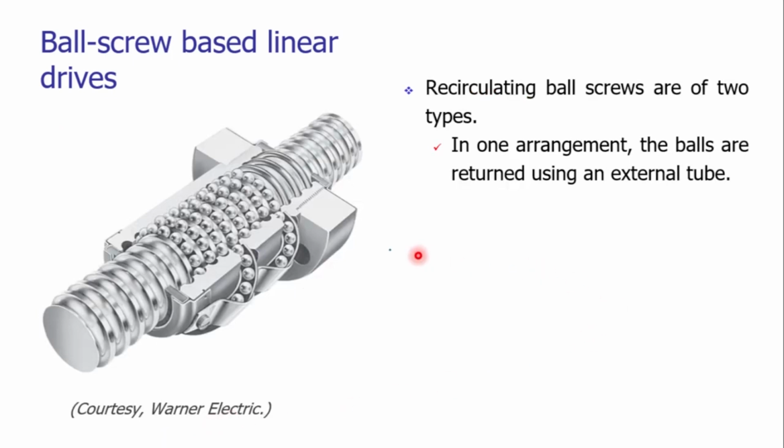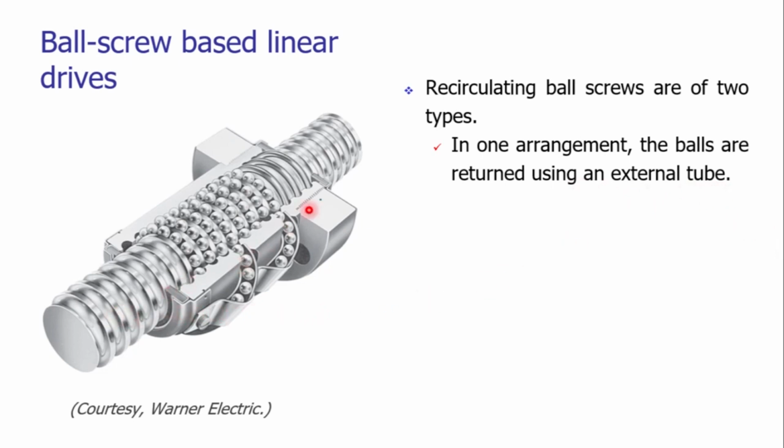So as I mentioned, we can have the returning of the balls from the end of its operation to the start of the operation, either by using an internal passage or by using an external tube.